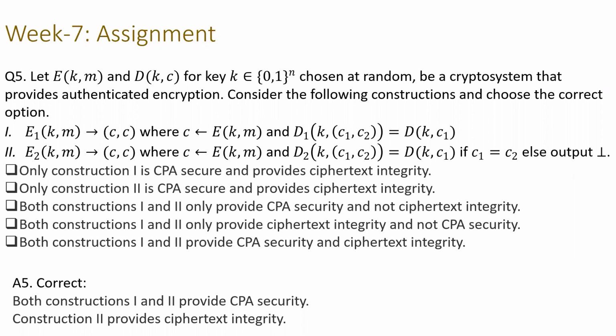Basically, if the first scheme were not secure against a ciphertext integrity attack, then the basic scheme E, D would also not be secure, because we would be exploiting the ciphertext integrity attack on the modified scheme to attack the ciphertext integrity property of the basic scheme. That's how the first scheme also has ciphertext integrity.